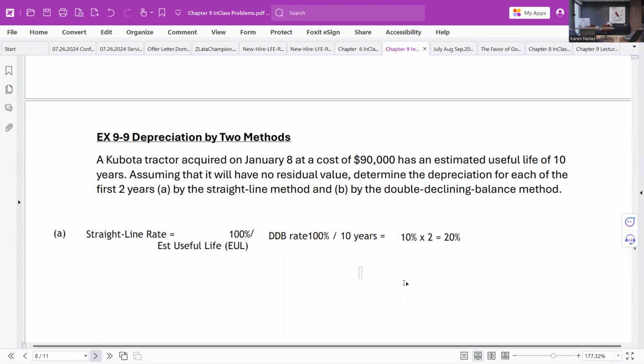I'm sorry, I must have covered up something. I put this in the wrong place. So in this case, what we need here is just an equal sign, because what I've done here is calculated the straight line rate. 100% divided by 10 years is 10%.